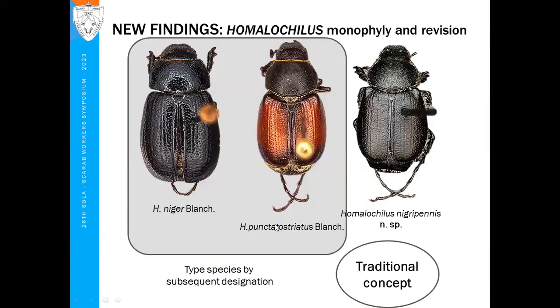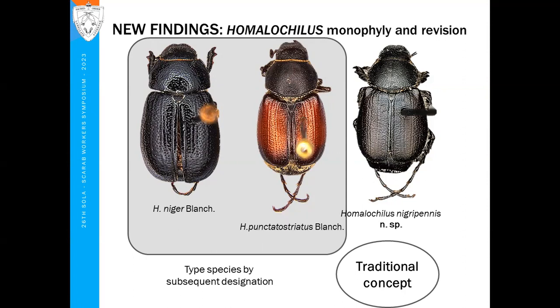When we revised Homalochilus, we realized that the original description of the genus matches Homalochilus punctatus striatus, and not the type species, which is Homalochilus niger, now Lyogenys niger.